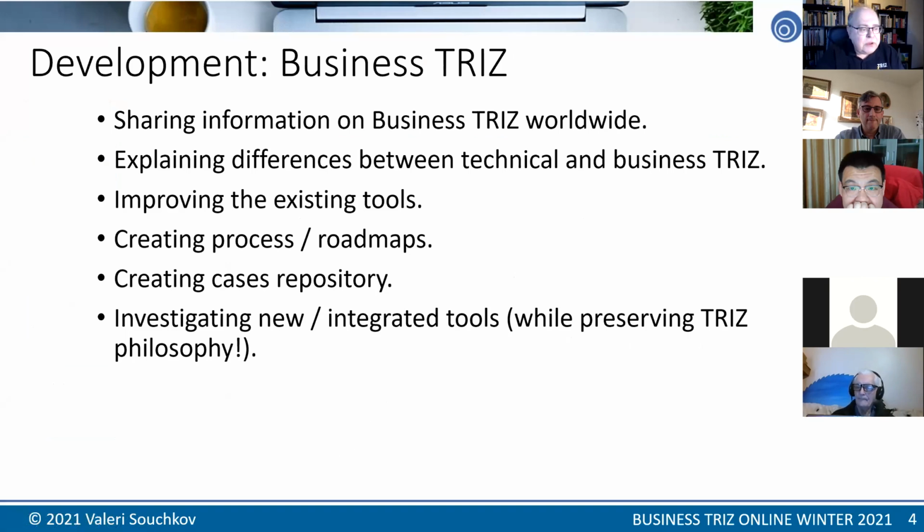So first of all, I see lots of attempts of people to solve business problems, but they are not aware of the existence of what we call business TRIZ. And they are using classical TRIZ tools like the original contradiction matrix of Altshuller, with 39 parameters, to solve business problems.